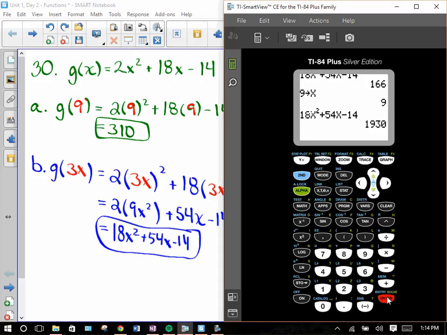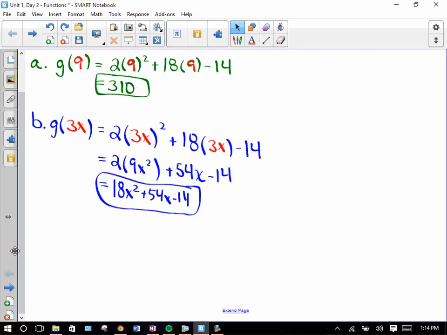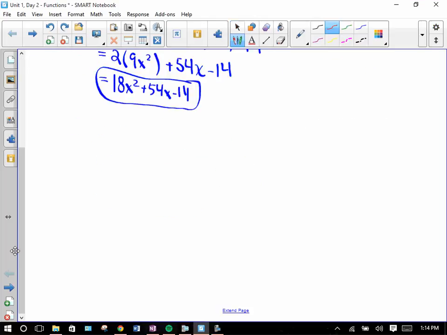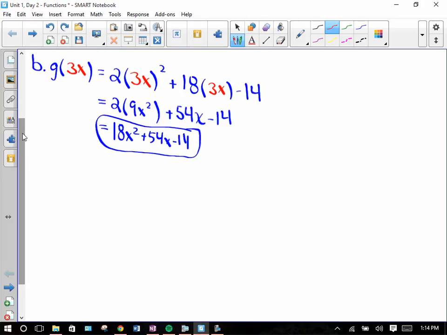All right. Now, the third one is C. It is g of 1 plus 5m.